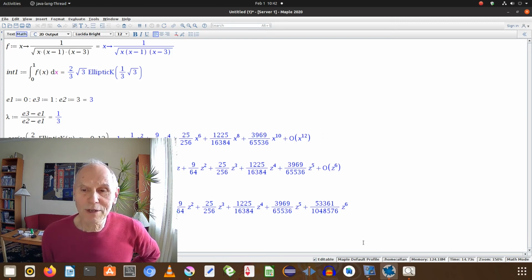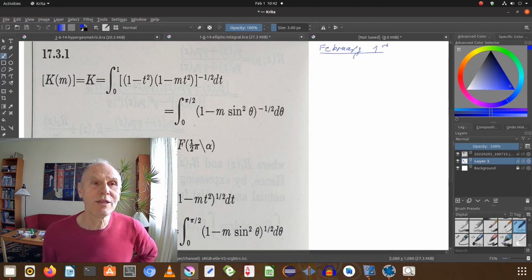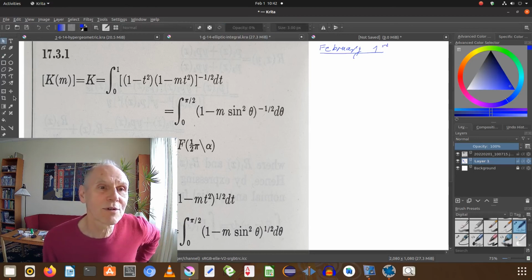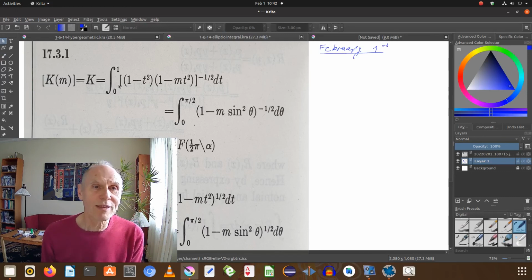So I looked up the elliptic integrals. And then I found this being exactly what we needed. This is the integral we've been performing time and again.